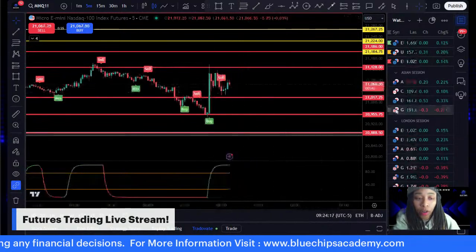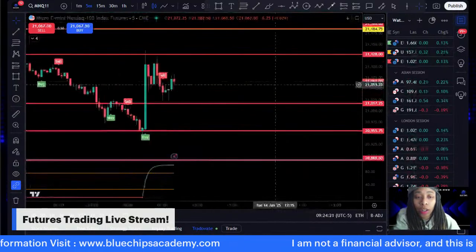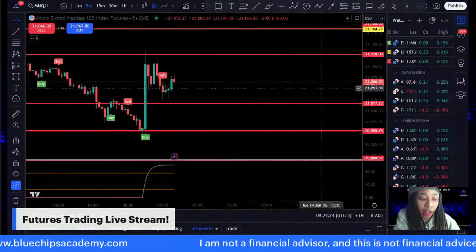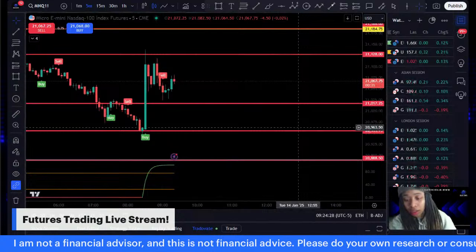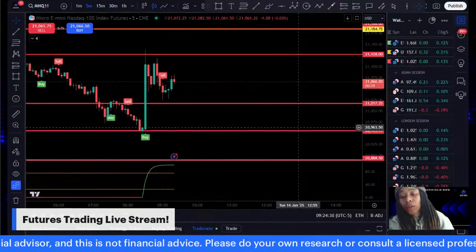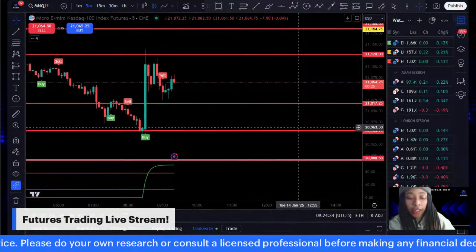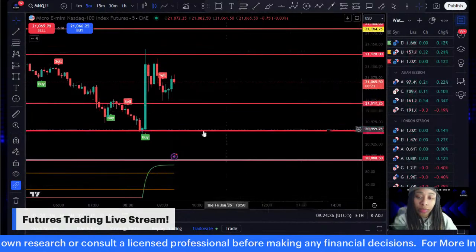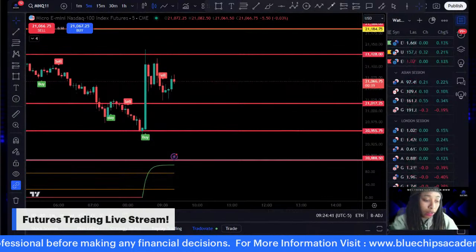Remember, on our rules, we're waiting for the signal on the 5-minute chart. We look for directional bias on the 15-minute chart, and we're looking for our signal on the 5-minute chart, guys. That's how we're looking at this.